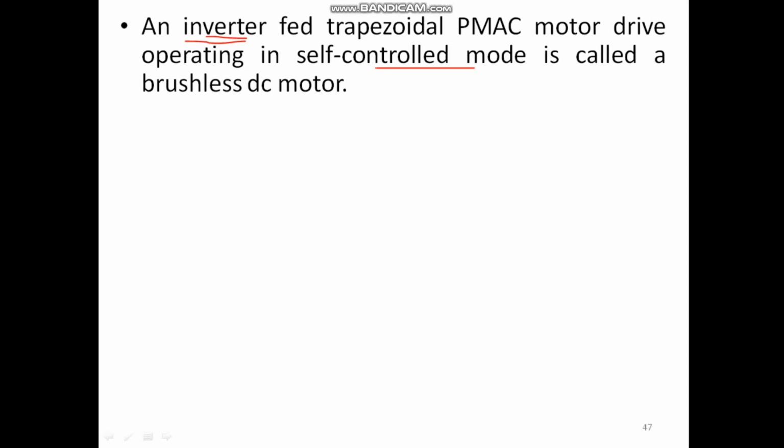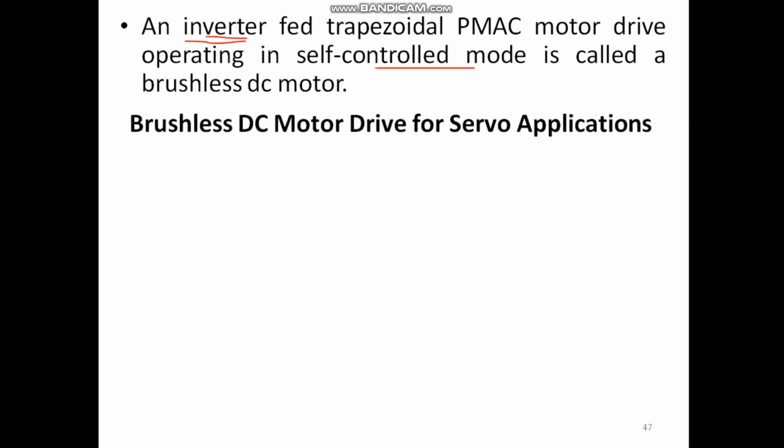I hope up till here it was clear. We can even use this drive for servo motor applications. So I'll continue with how I can use the brushless DC motor drive for servo motor applications.